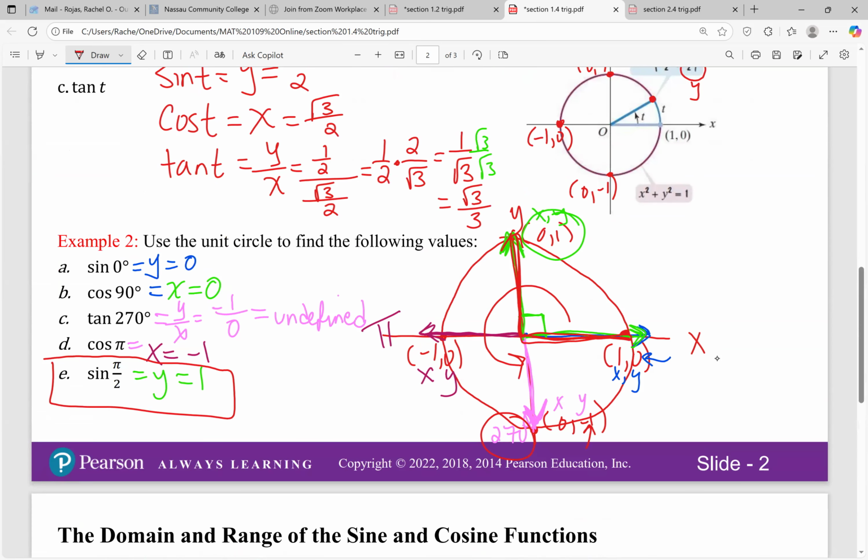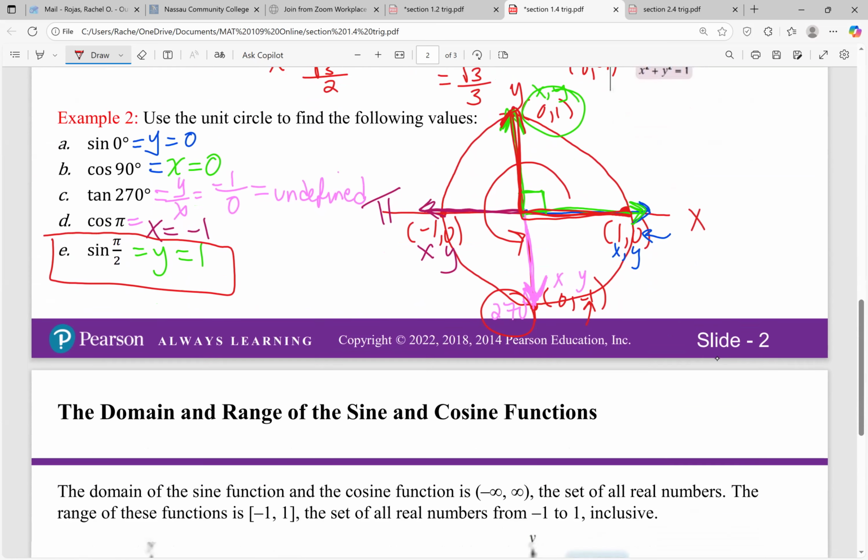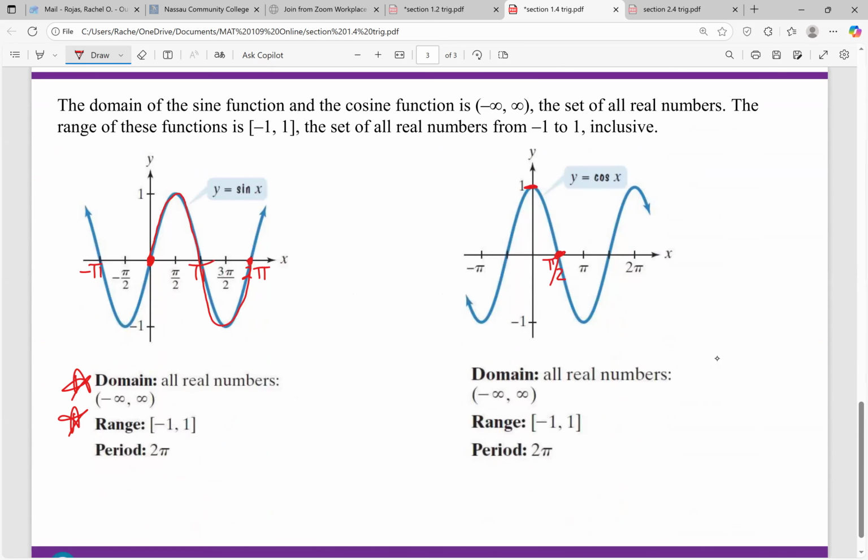Pi over 2 is equivalent to 90 degrees. And that terminal ray goes to the point (0, 1). And the x value is equal to 0. So the cosine of pi over 2 is 0. And look, it's sitting on the x-axis. So the y value is 0 when x is pi over 2.